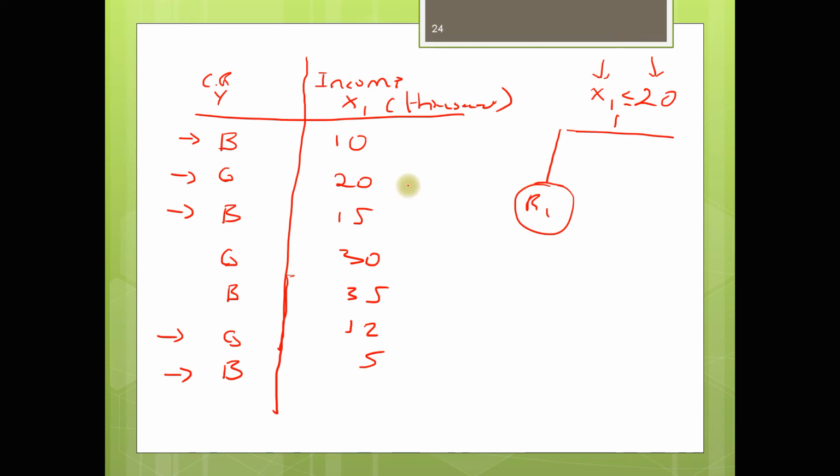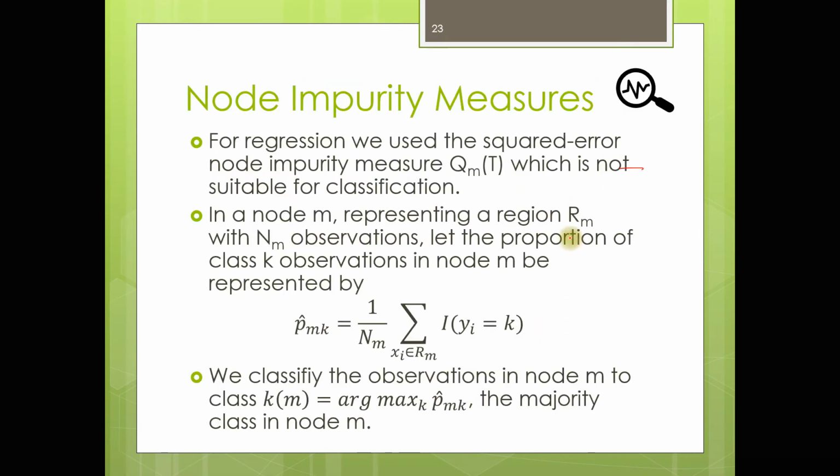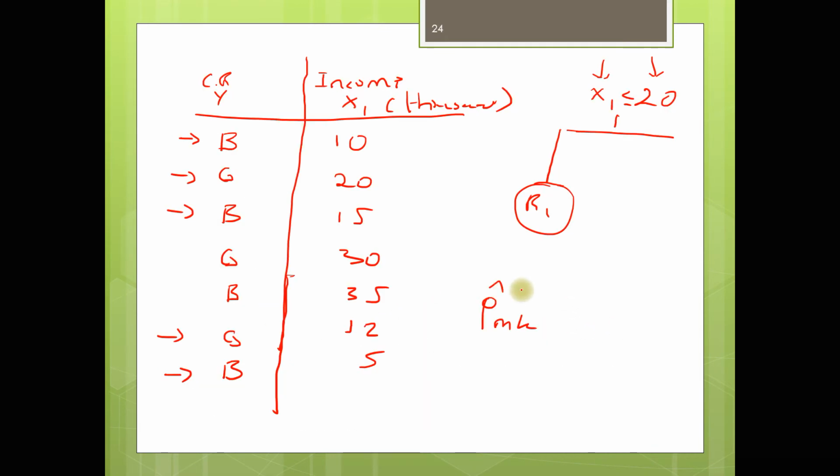Okay. Then what is pickup mk that we have defined? First of all, m in our example is 1, pickup 1, and k depends on what you are referring to as k.